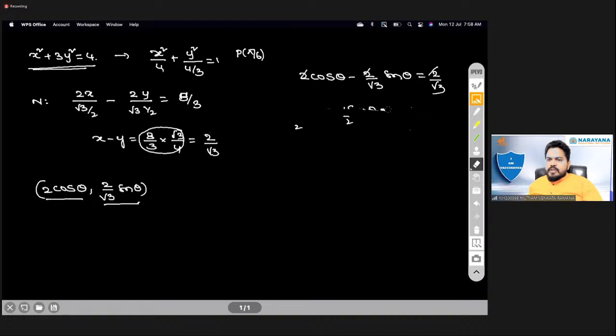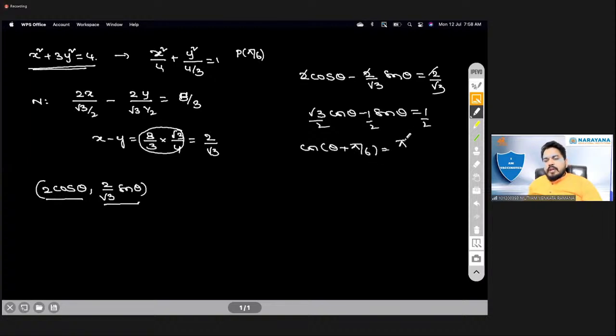In this step what you're getting is root 3 cos theta minus sin theta is equal to 1 by 2 by 2 by 2. Cos of theta plus pi by 6 is equal to cos of pi by 3. So theta is equal to pi by 6, which is one correct answer.